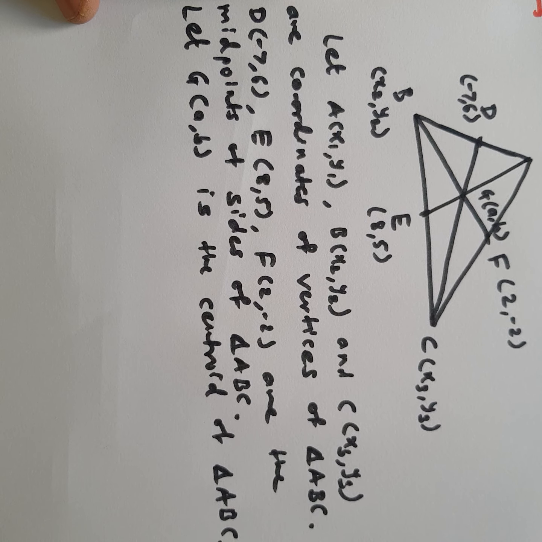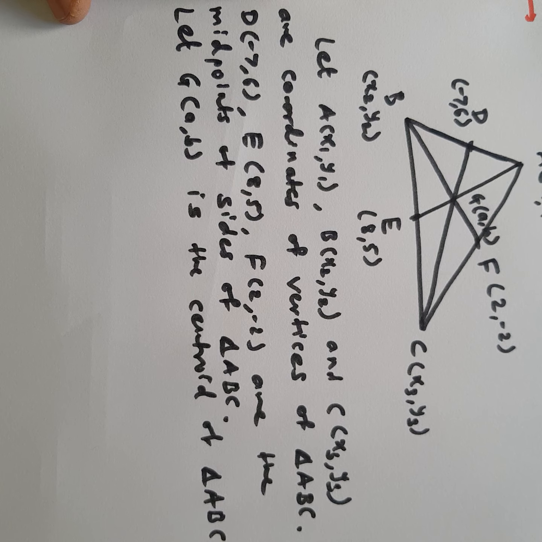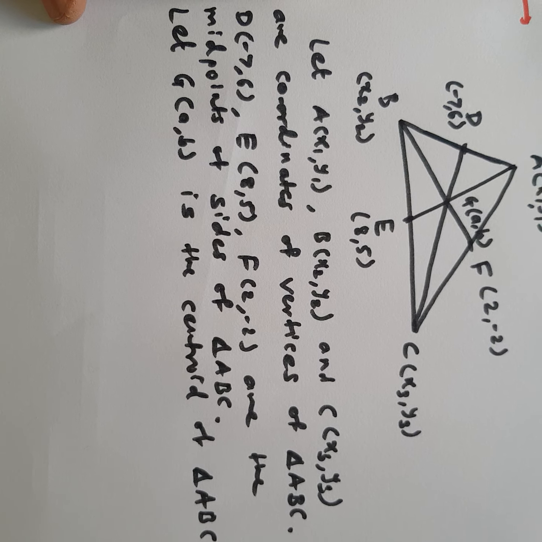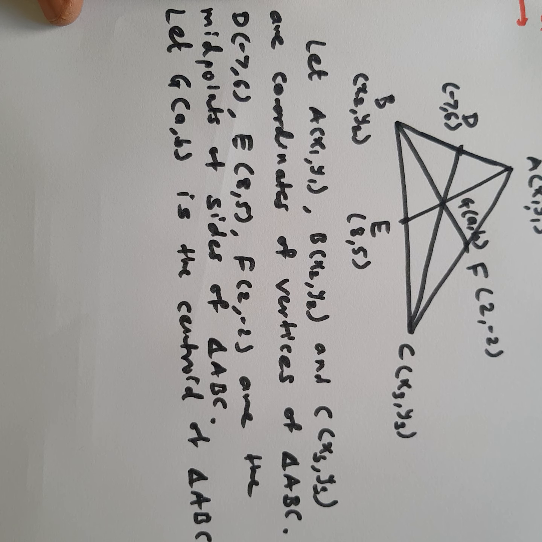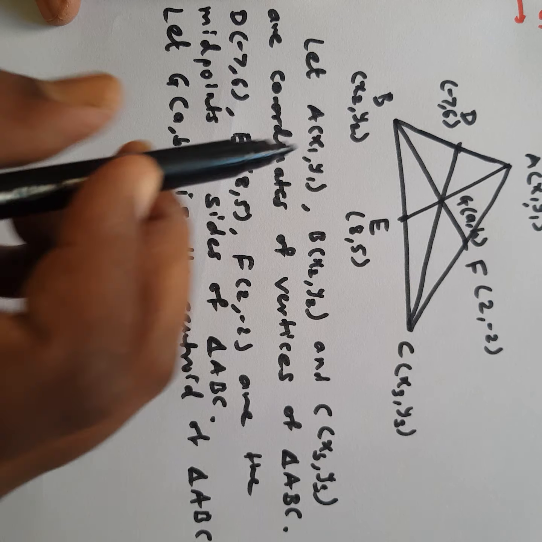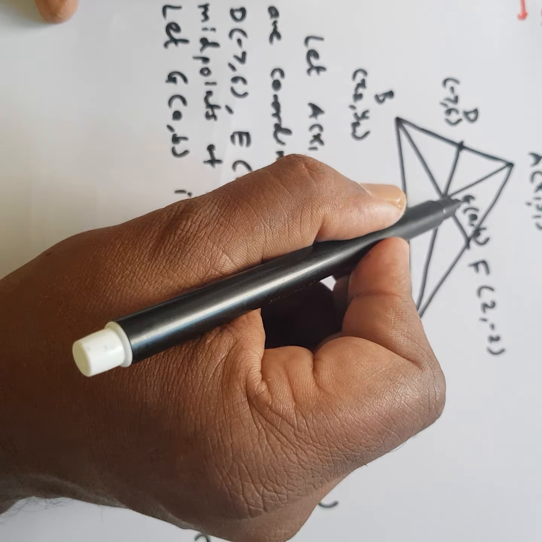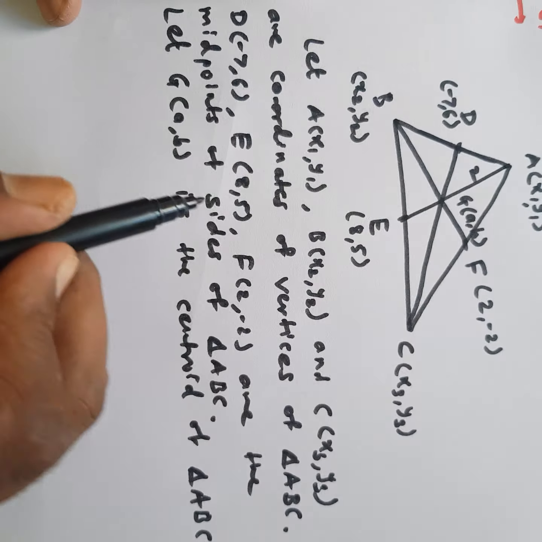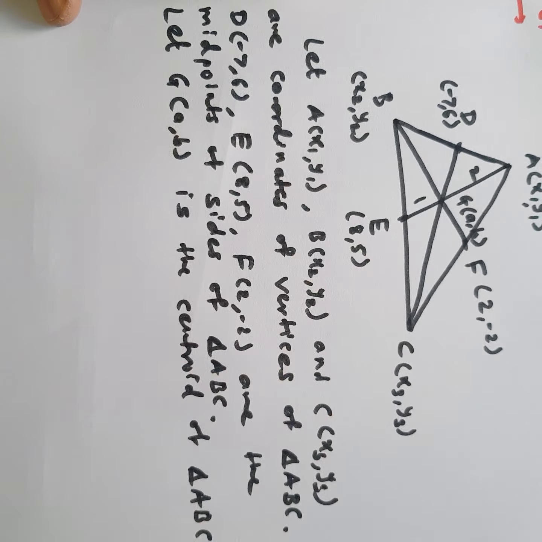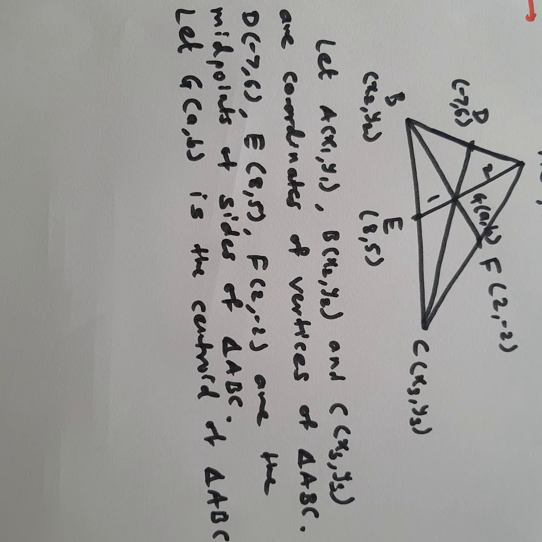Now the centroid divides each median in the ratio 2:1. Suppose here point G divides median AE in the ratio 2:1. Therefore, to use the section formula, the values of m and n will be 2 and 1. Now, for each median, we have to use the section formula.